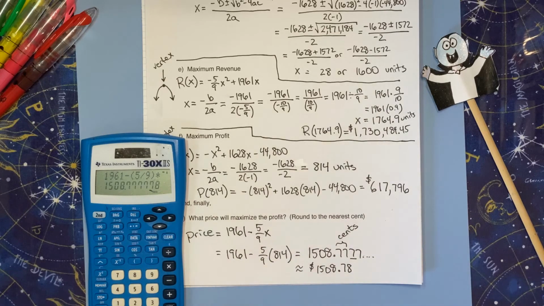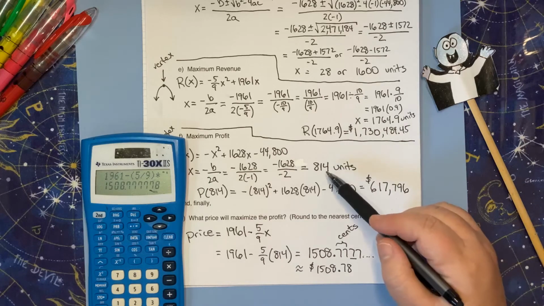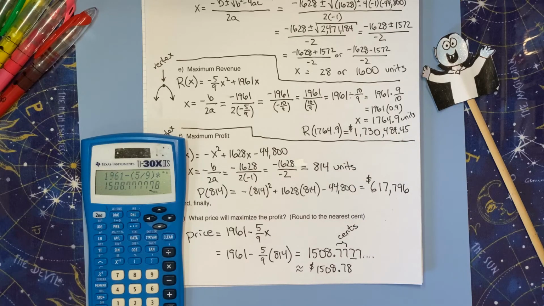So what am I doing? Well, you can't go out into the marketplace and say, everyone has to buy 814 of these exactly. But what you can do is say, okay, here's our price. Our price is set at 1508.78. And if you've done your research correctly, and if this demand function is correct, which granted, is actually a very difficult thing to do, right?